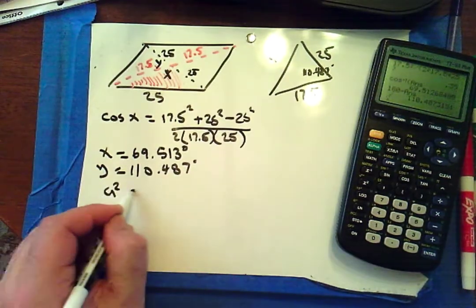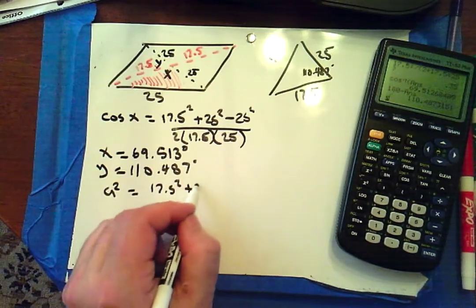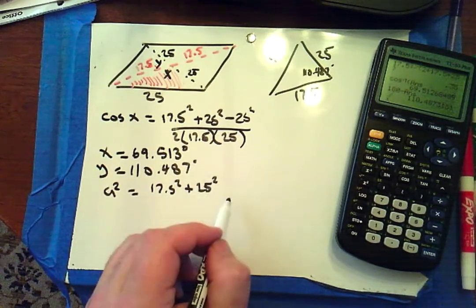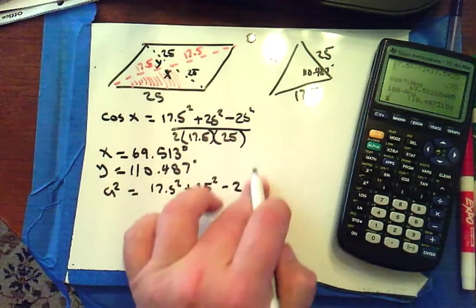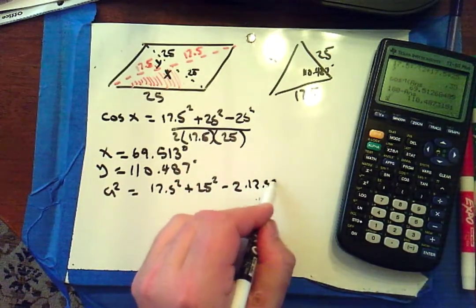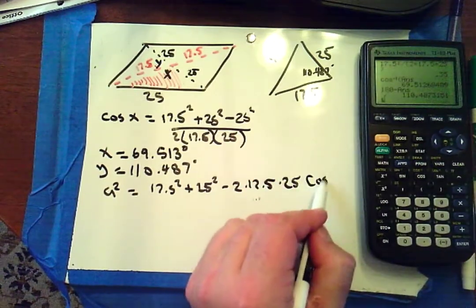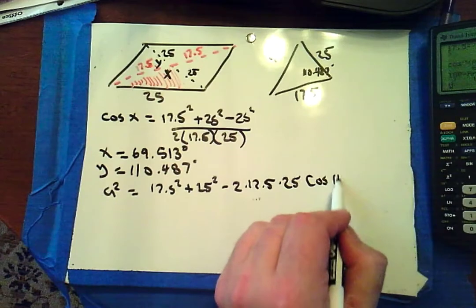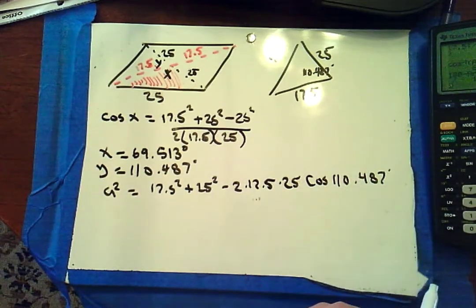So I know that A squared will be 17.5 squared plus 25 squared minus 2 times 17.5 times 25 cosine of our 110.487 degree angle.